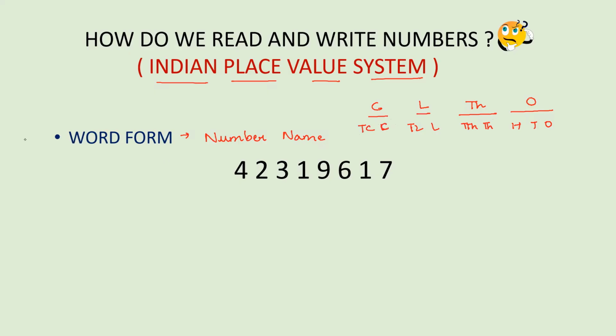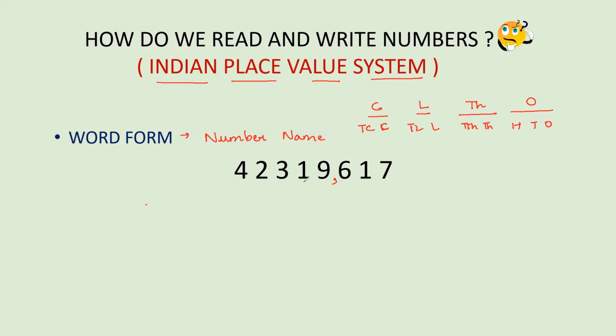Now we will use these places to first put commas in between the numbers. Wherever the period changes, we put the comma and then we further write down in word form. First of all, ones have 3 places. So we leave 3 places and then we put a comma showing that there is a period change now. Then we have thousands. Thousands have 2 places.